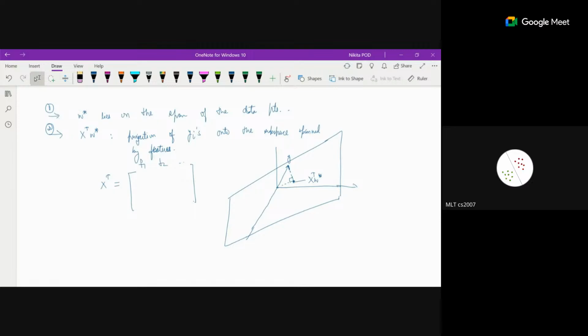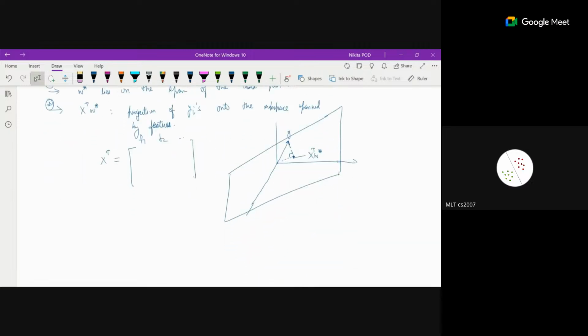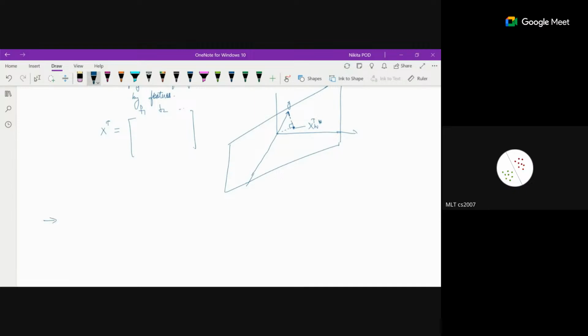Next, generally, when you solve this linear regression problem, W star is your XX transpose pseudo-inverse XY, right? So your X matrix is D cross N, right?